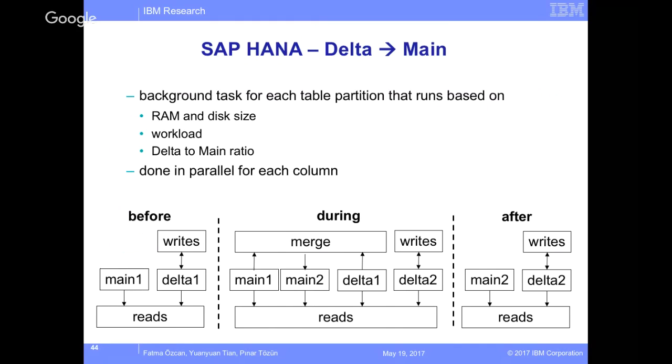Now, going forward with the columnar side, of course, one question is how do you merge data from your delta to the main store? This is handled as a background task. You can think of it similar to grooming Yuan described for Wildfire.